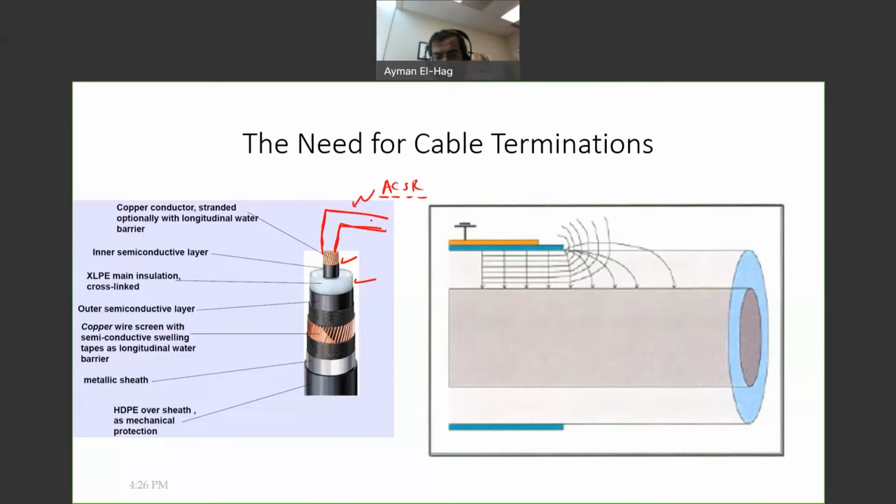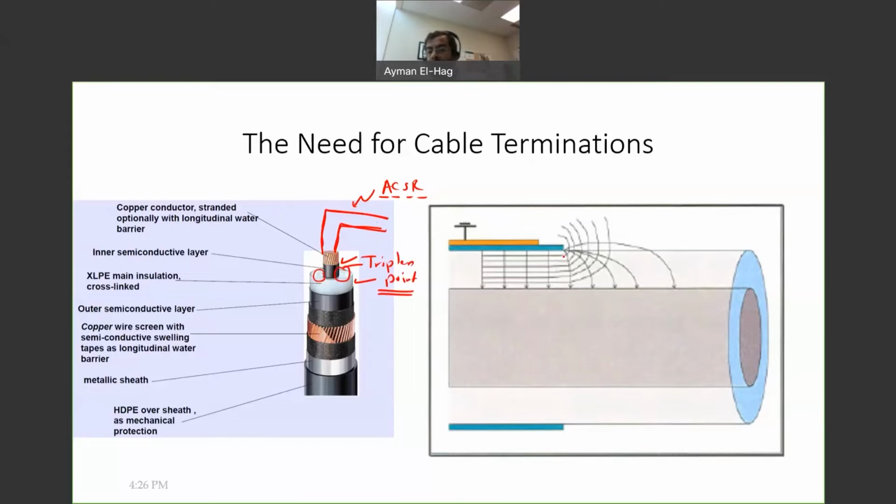Here, this is a conductor, this is an insulation, and this is air. So we will have that triple point, and I have a video about this triple point, which showed that this will be an area of very high electrical stress that will lead to partial discharge.